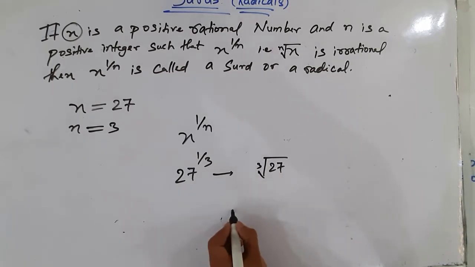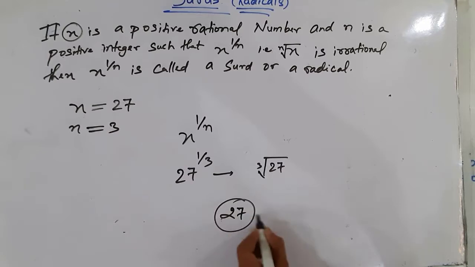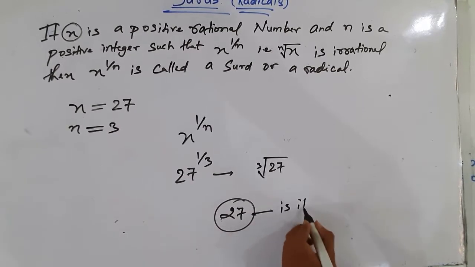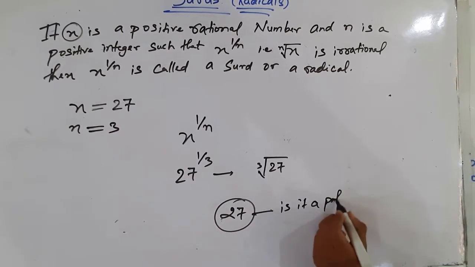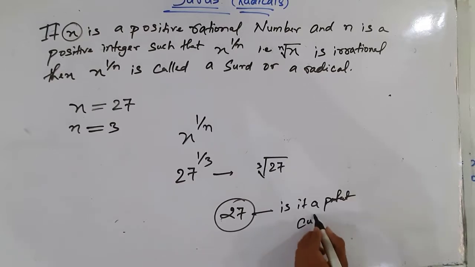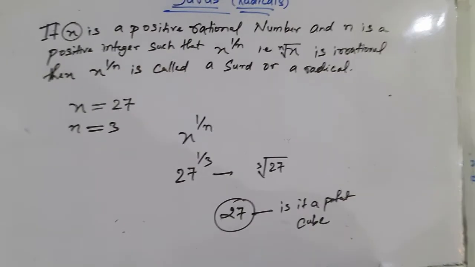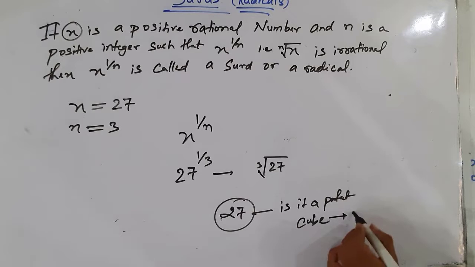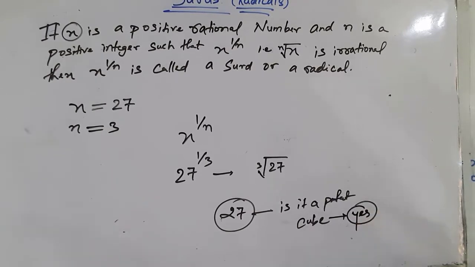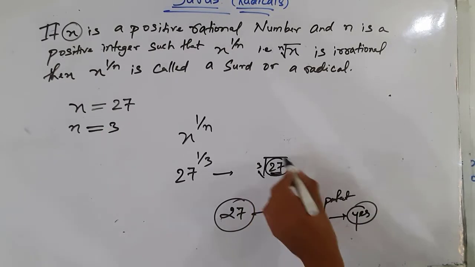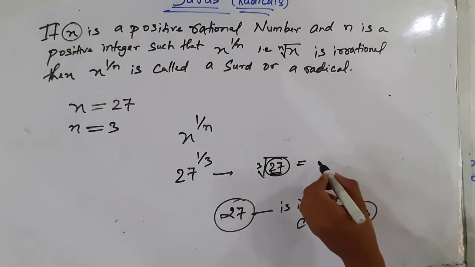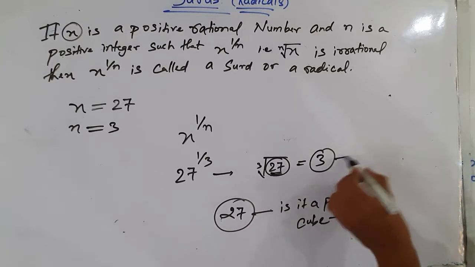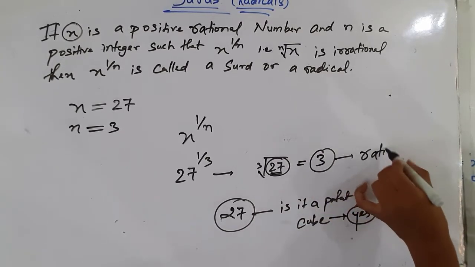So is 27 a perfect cube? The answer is yes. Since 27 is a perfect cube, we can determine its exact value. It comes to 3, which is a rational number.